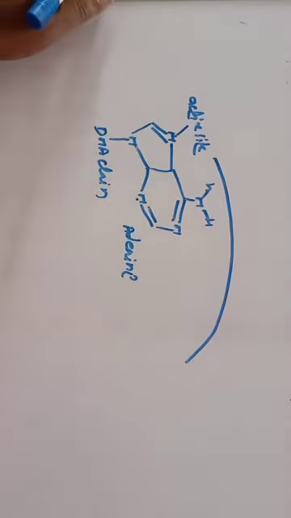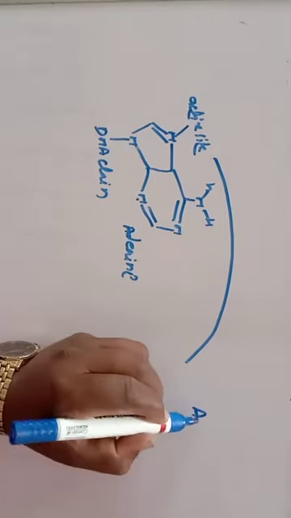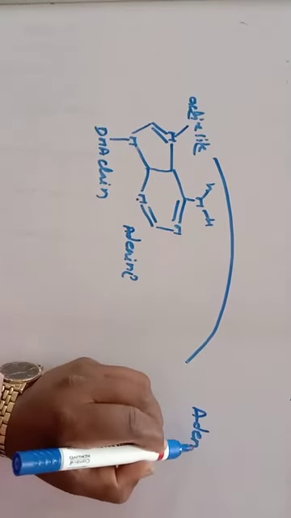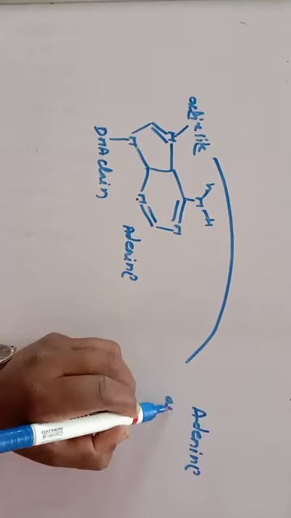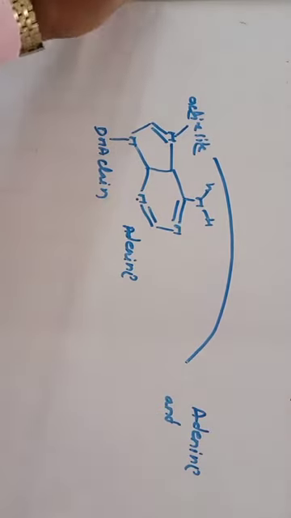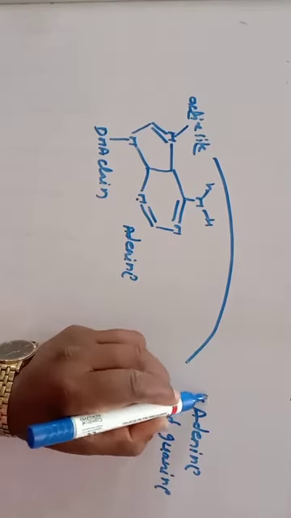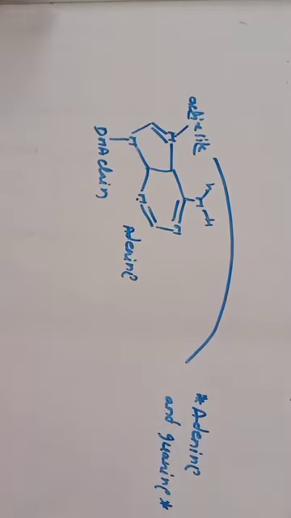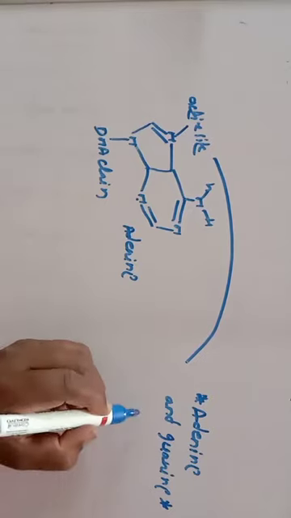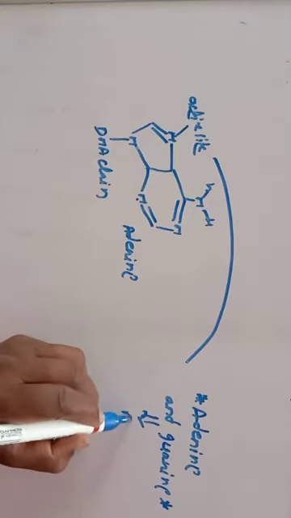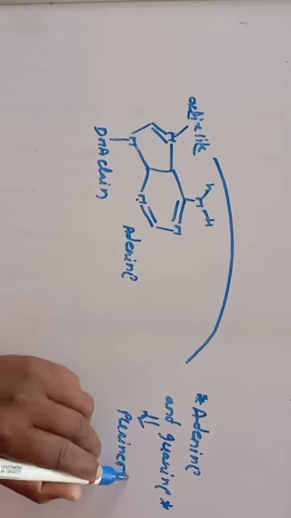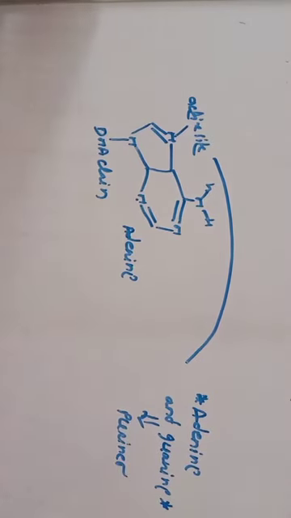You should remember that adenine and guanine are purines. Purines are nitrogen bases containing a six-membered ring as well as a five-membered ring.